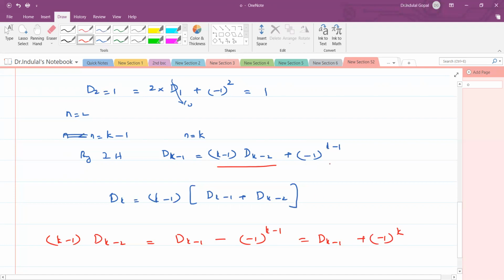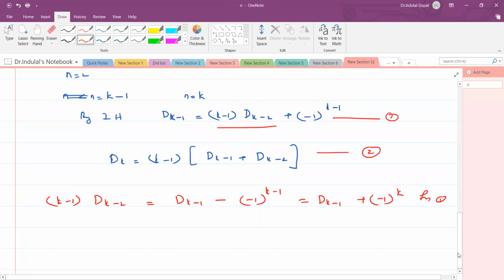Therefore, this is from 1. Now from 2, Dk is equal to k minus 1 Dk minus 1 plus k minus 1 Dk minus 2.